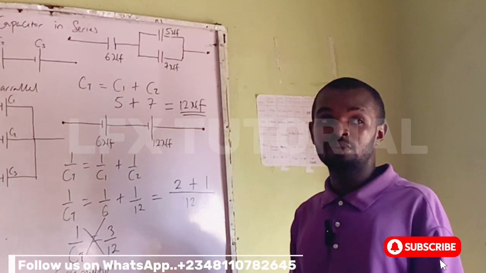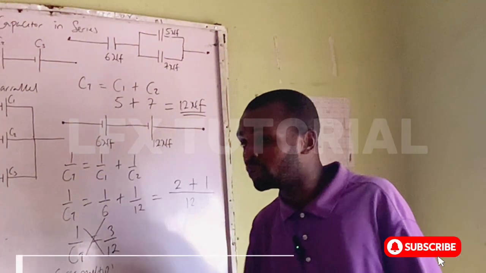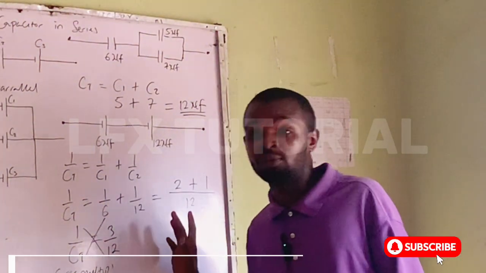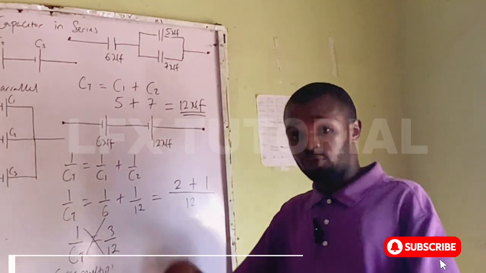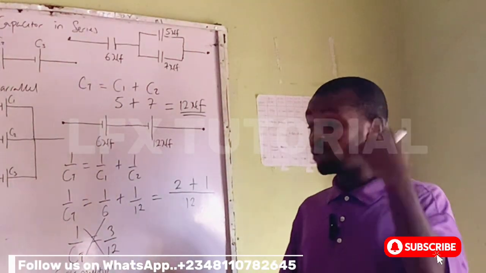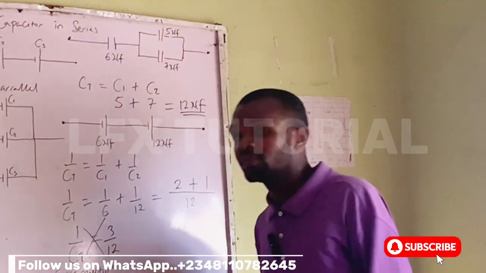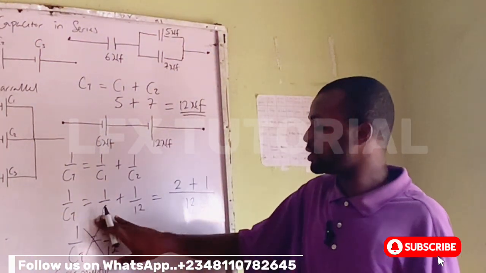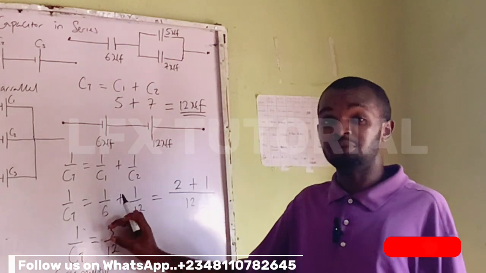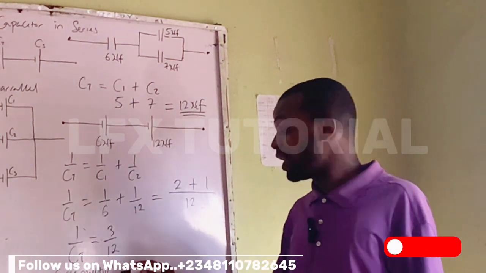Don't do this thing. Even if you cannot write this thing, just continue solving. Even if you cannot write cross multiply, continue solving. Because once you do this, they will say there was a mistake here, and they will jump here for you.